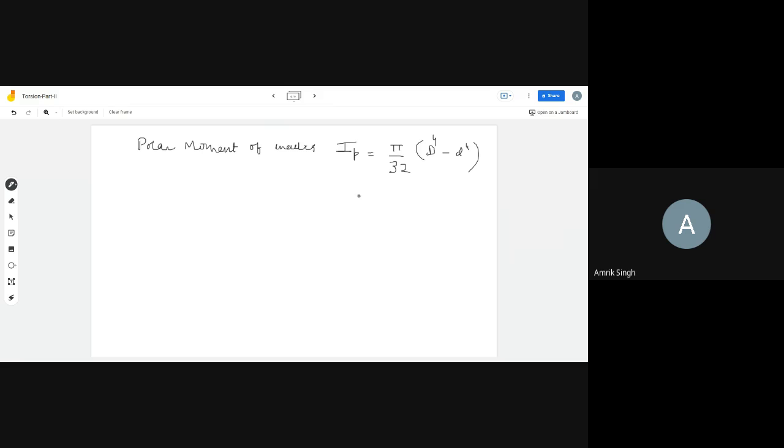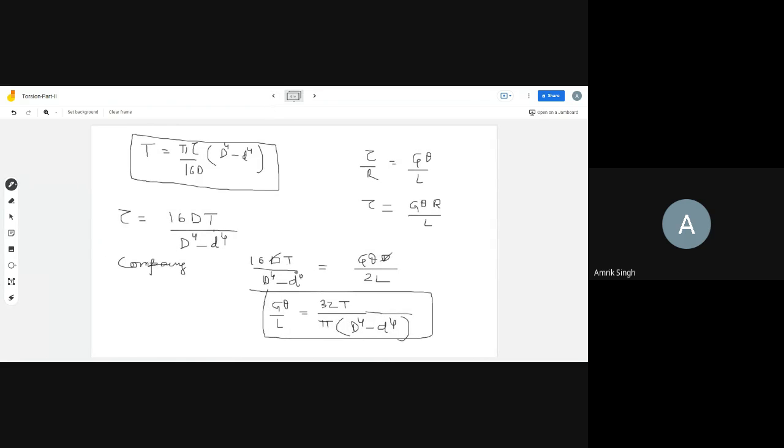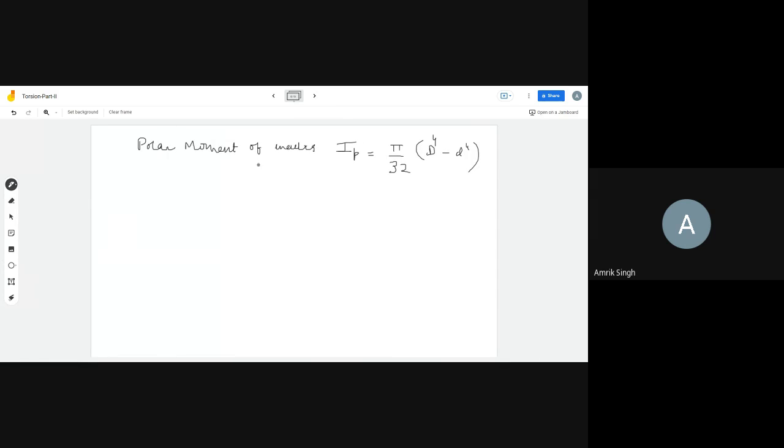So you can write here in the previous expression that pi upon 32 term, so this will be the I_P. So you can write G theta upon L is equal to T by J or I_P. This is I_P and this is also known as J.